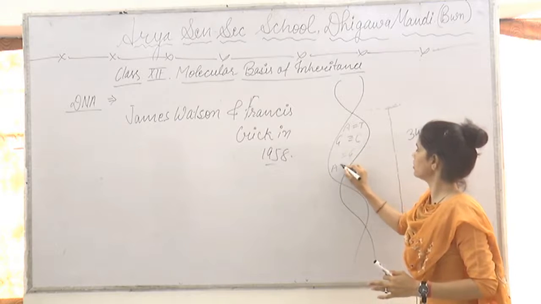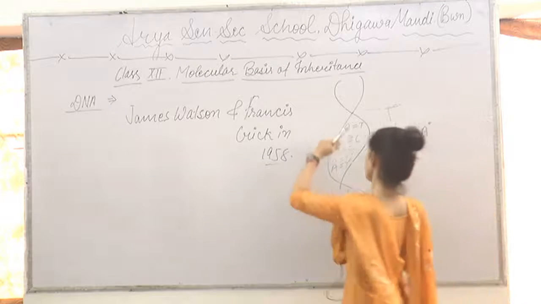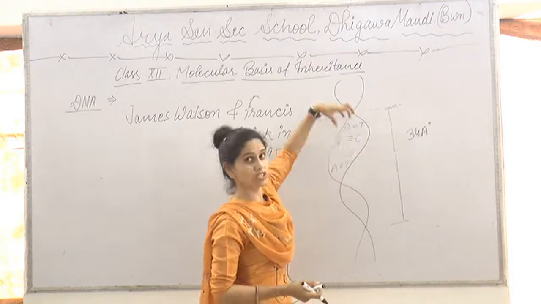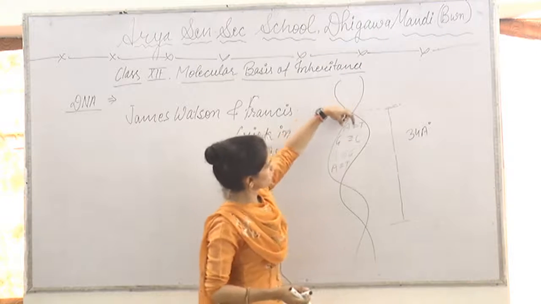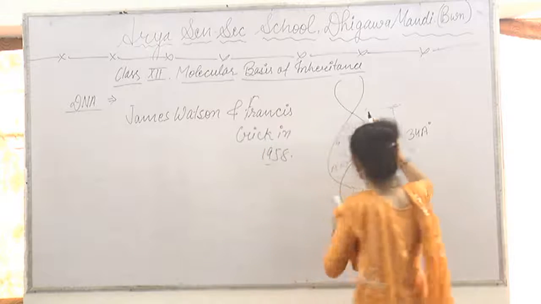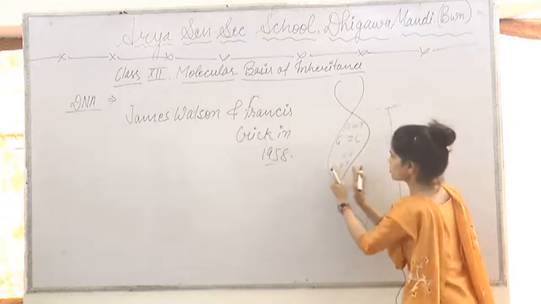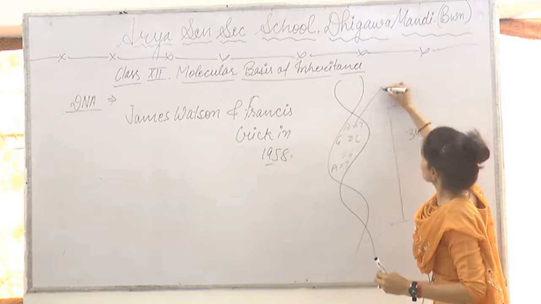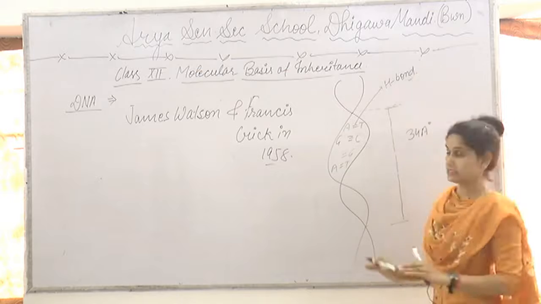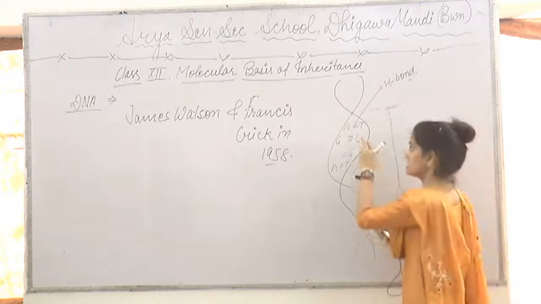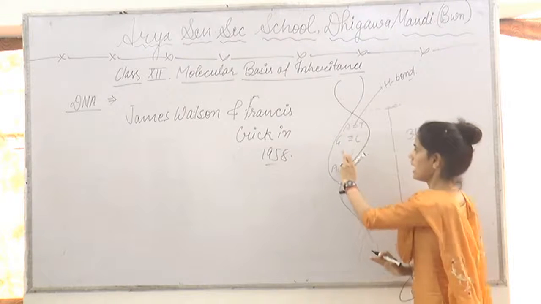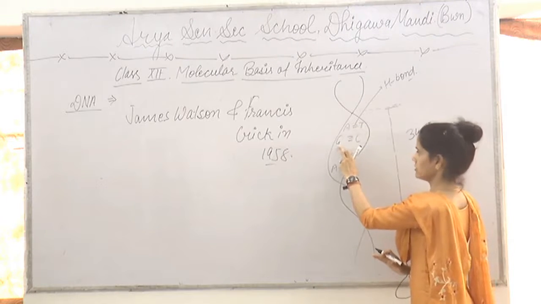This is the central part of the DNA according to the Watson and Crick model, showing that the nitrogenous bases are located at the center, and both strands are joined together by hydrogen bonds. This hydrogen bond is 2 in number between adenine and thymine, and 3 between guanine and cytosine.